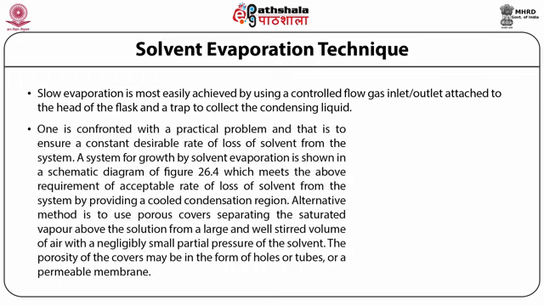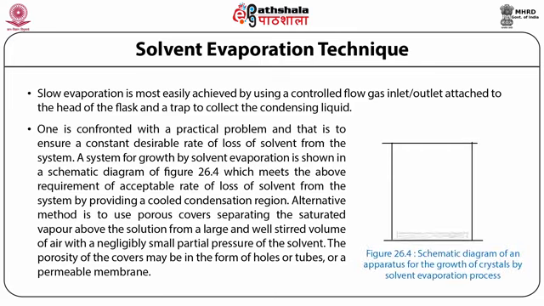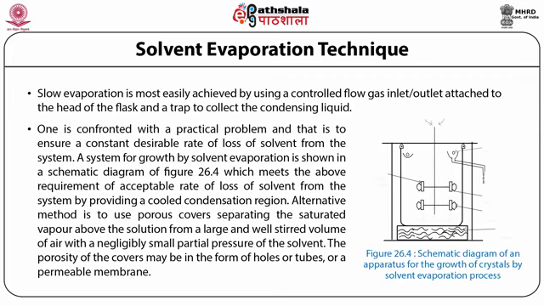One is confronted with a practical problem, and that is to ensure a constant desirable rate of loss of solvent from the system. A system for growth by solvent evaporation is shown in a schematic diagram of figure 26.4, which meets the above requirement of acceptable rate of loss of solvent from the system by providing a cooled condensation region.